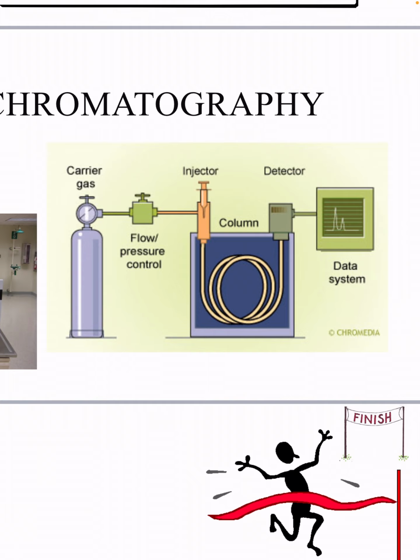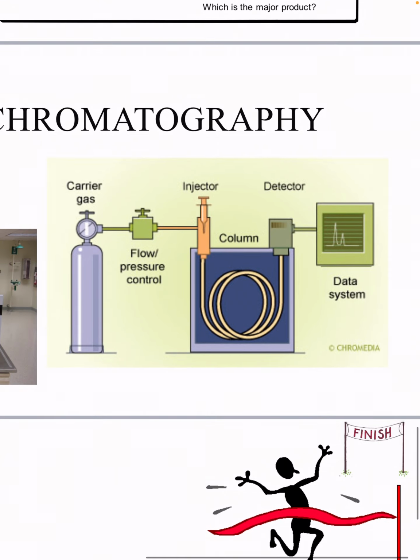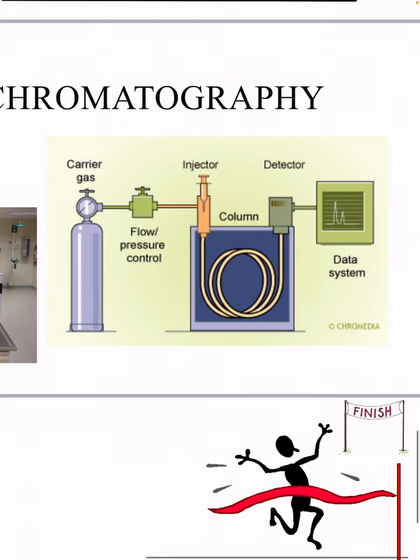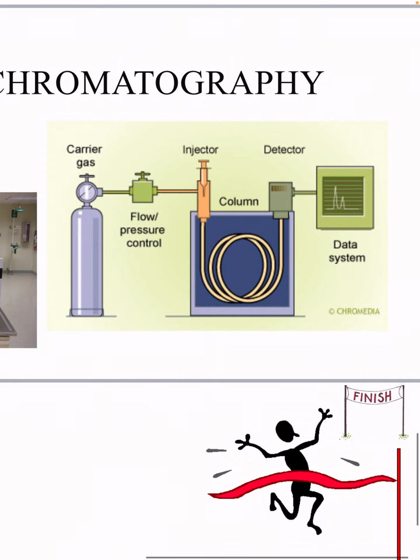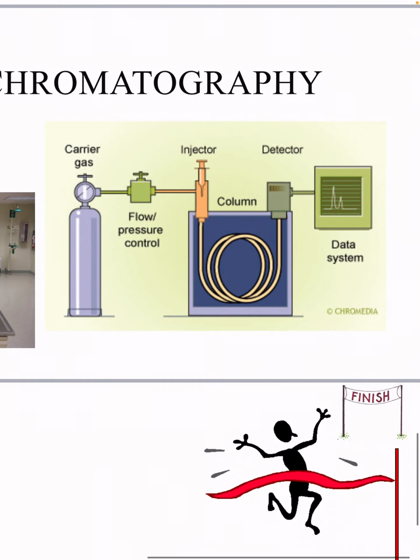It's not going to react or anything. It's just carrying your product. And after you inject a very small amount of your product into the injection chamber at very high temperature, your product mixture is going to be vaporized instantly and carried by the carrier gas into the very polar column.